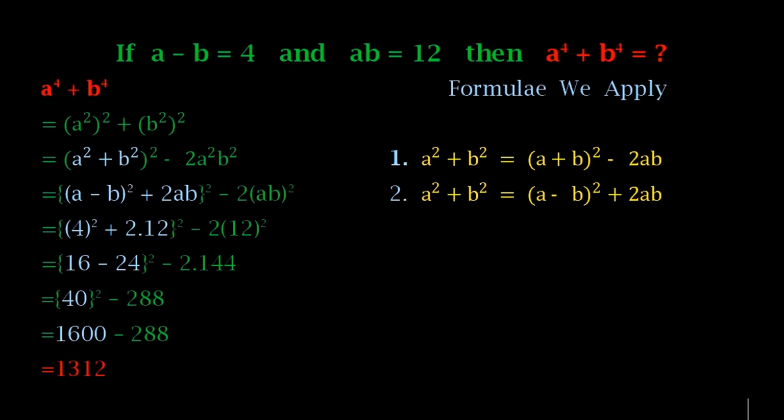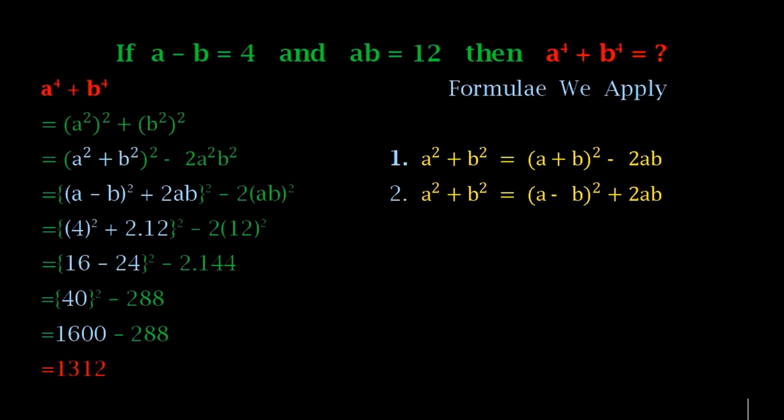That is why, avoiding this corollary, we apply the second one, because here a minus b is known to us. So we replace a square plus b square inside the first bracket by (a minus b) whole square plus twice ab, and outside of the second bracket there is a square, just like the previous line. The value of a minus b is given, ab is given.